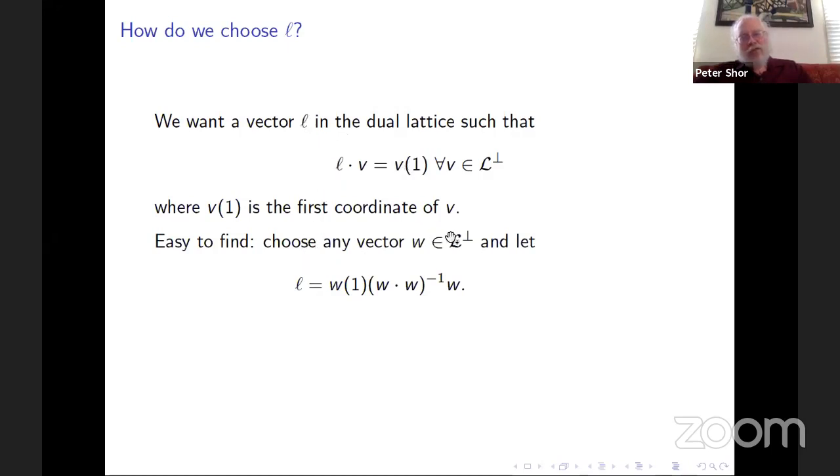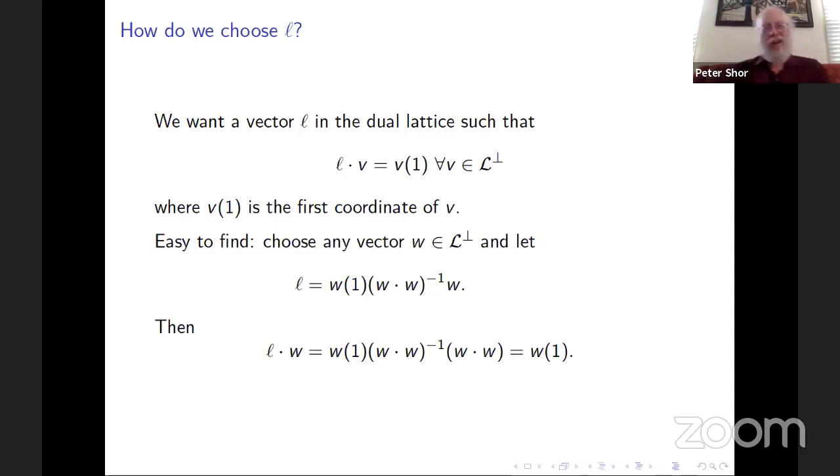You choose any vector W in the dual lattice and choose L equals W of 1, the first coordinate of that W, times W dot W inverse times W. And now L dot W is equal to W of 1 times W dot W inverse times W dot W, which is just W of 1. And this is mod P, I should say. All these computations are mod P.